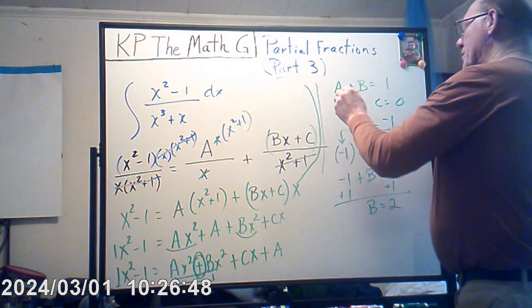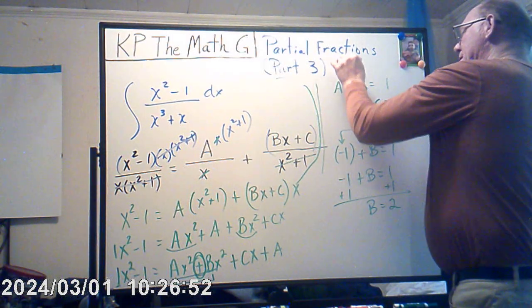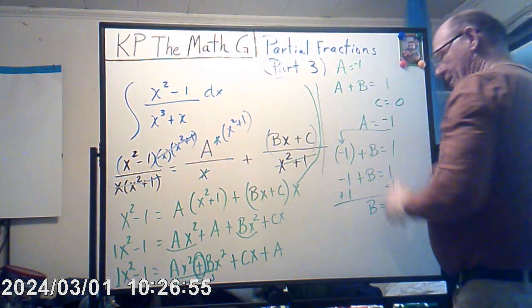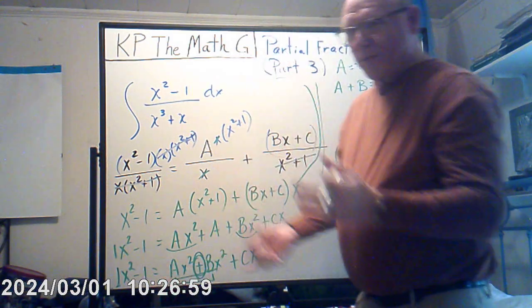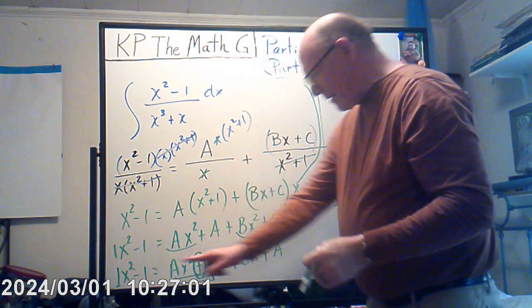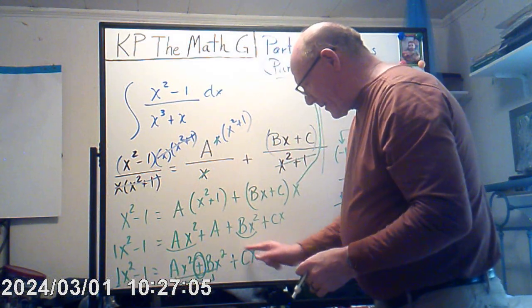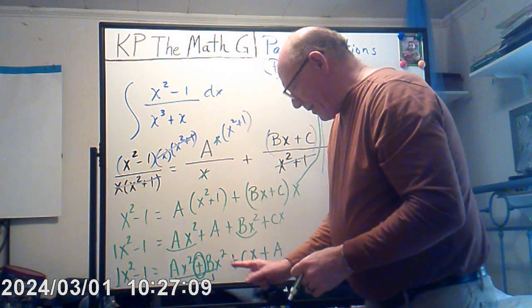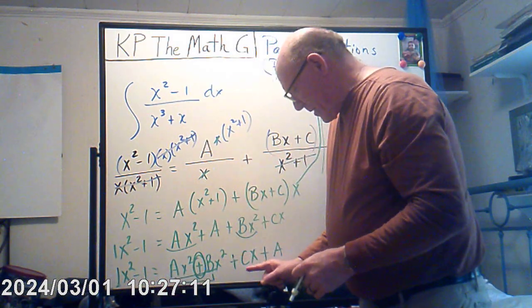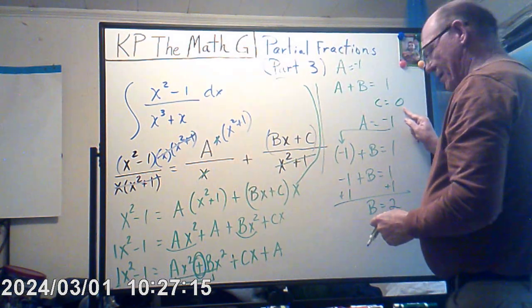So here's what we have. A is -1, just by virtue of the fact that this constant is equal to this constant. C does not have an x over here. We have an x squared, we have a constant, but we don't have an x. Since it doesn't have anything over here, we set it equal to 0.